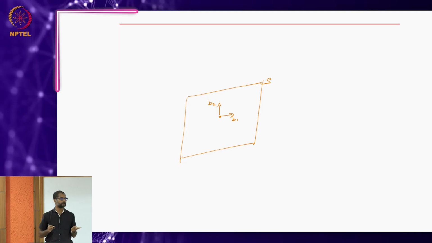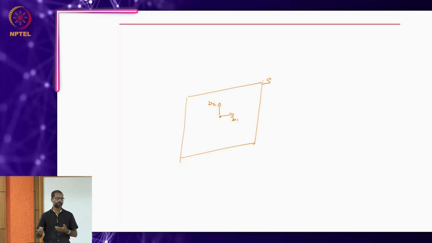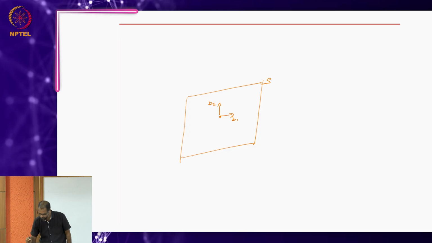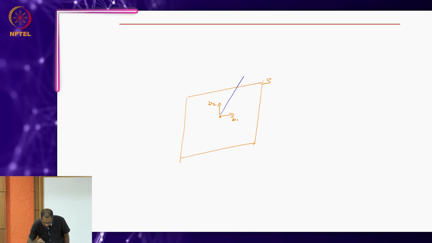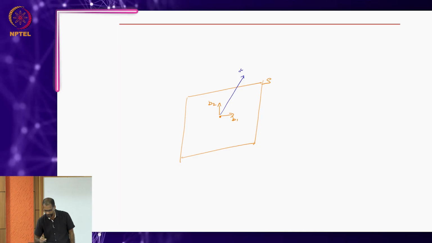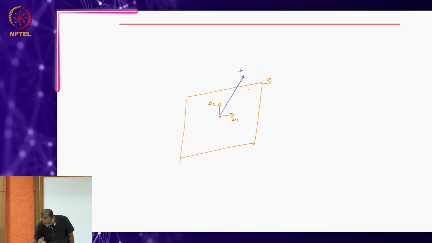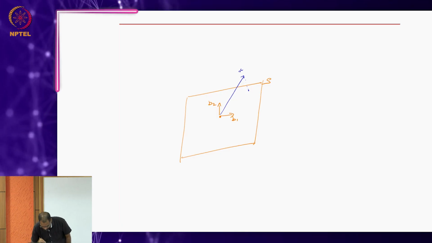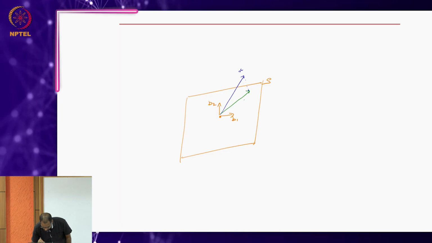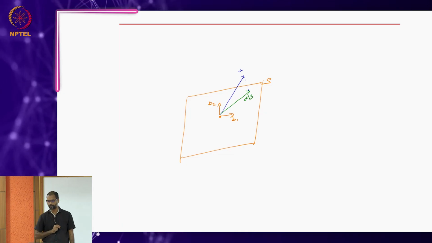V1 and V2 are perpendicular to each other, and both are of length 1. That is what an orthonormal basis means. Now let us say I have another vector x somewhere not in this plane, and I drop a perpendicular to the plane. This is what I mean by x's projection on S.